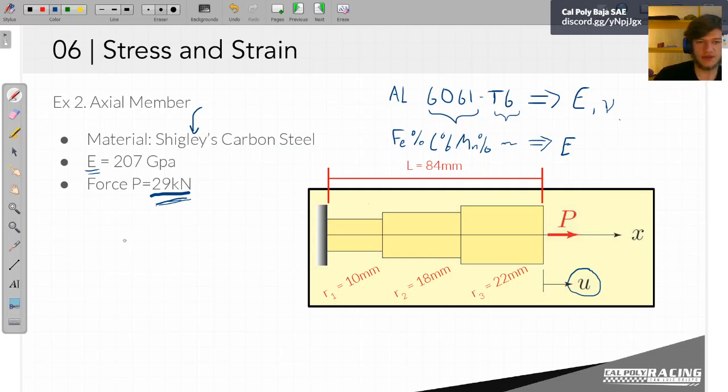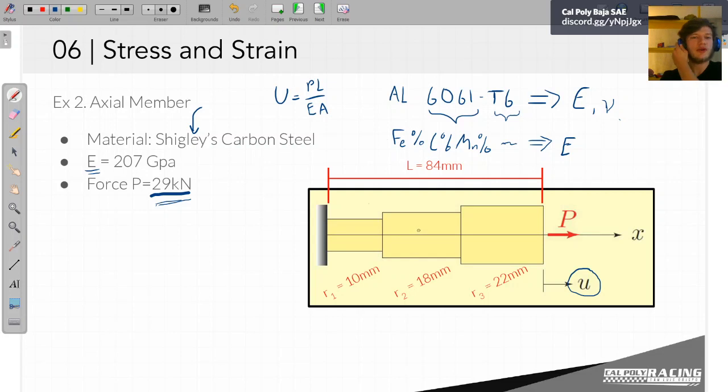So we need to split this into multiple sections because right now we just have this one equation, U equals PL over EA. And we need to formally split that up over our whole body so that when we're showing our employer or showing the government something, it can be approved for safety reasons.